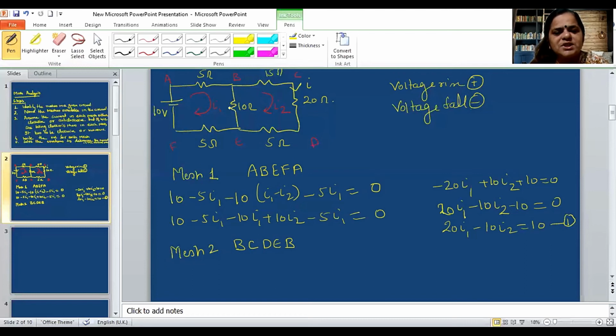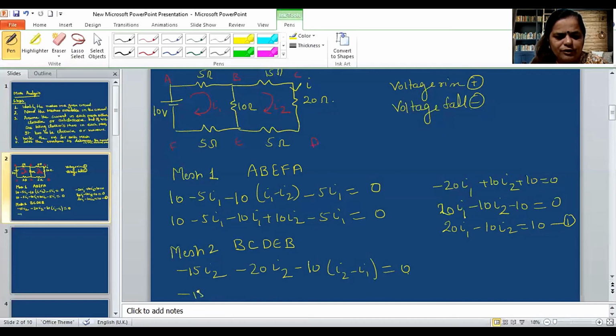Now what is the equation for mesh 2? That is minus 15 I2, that is the voltage drop in this. What is the voltage drop in this? Minus 20 I2 minus 10. Now this element we are considering for mesh 2. So mesh 2 means I2 is greater than I1. So minus 10 (I2 minus I1) is equal to 0.